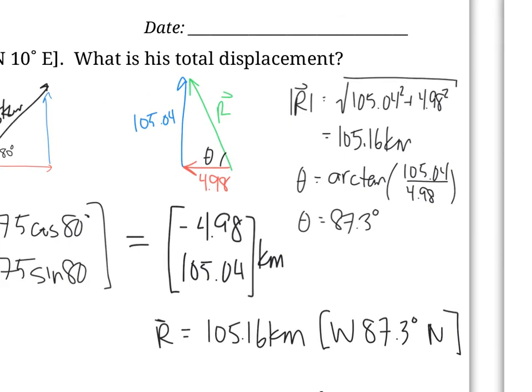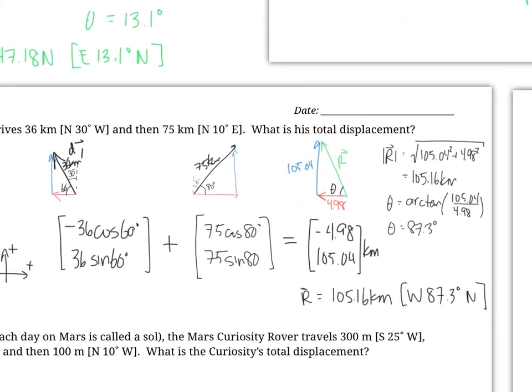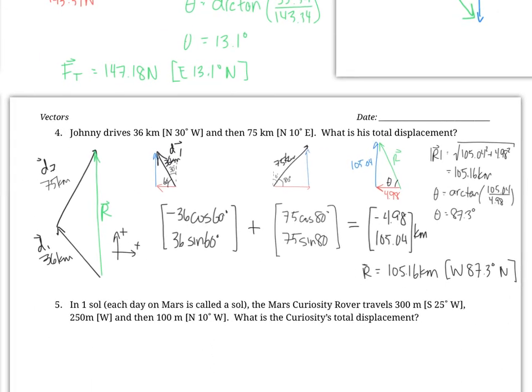So just taking a step back and looking at our whole process here. The first step was to draw a sketch of the situation, which just helped us see what was going on. Then we broke each vector up into its x and its y components, taking care of which parts were negative and which parts were positive. So in this case, just the x component was negative. Then we added those x components together to get a final answer for the x component of our answer, and we added the y components together to get the y component of our answer.